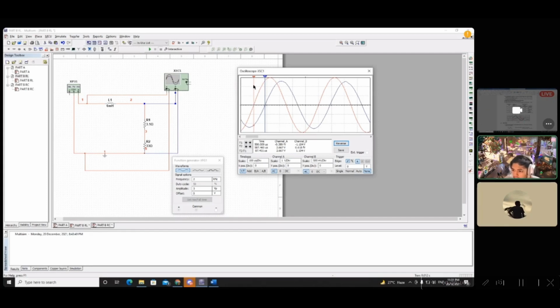Then we need to find the D, which is the period. We only need to use one signal because they share the same period.